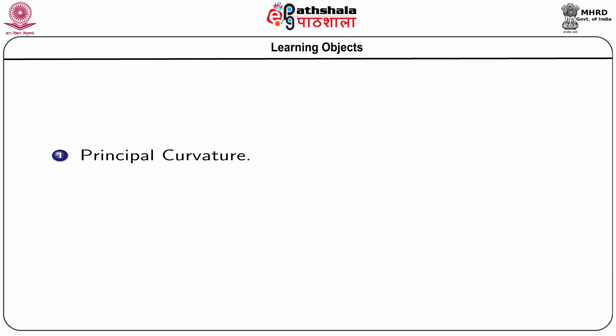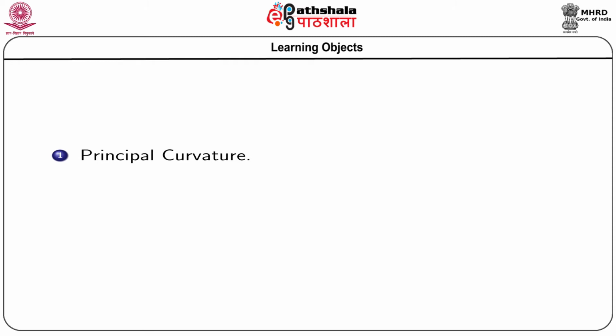So, let us see the definitions and deductions about the principal curvatures with some interesting examples. In module 3 of chapter 9, we shall learn about the principal curvature of a surface.